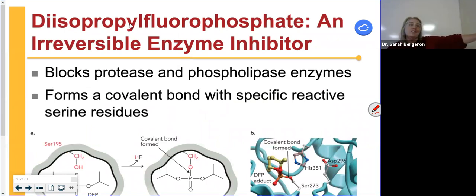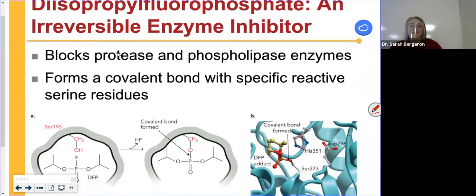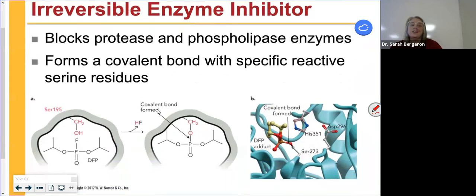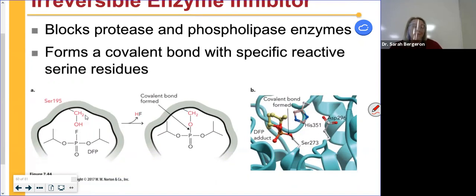If something disassociates, it can change. You can also have irreversible inhibition. If you have irreversible, typically we're forming some kind of a covalent bond. It can be a really strong non-covalent bond, but typically it's covalent. So if you form a covalent bond with reactive residues that are supposed to participate in the active site, what's going to happen?